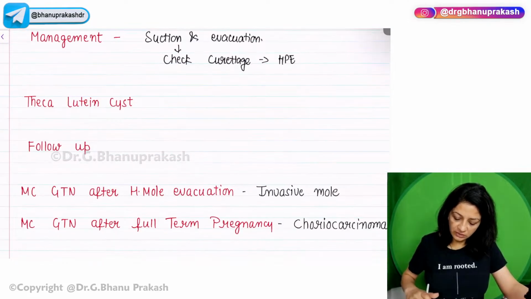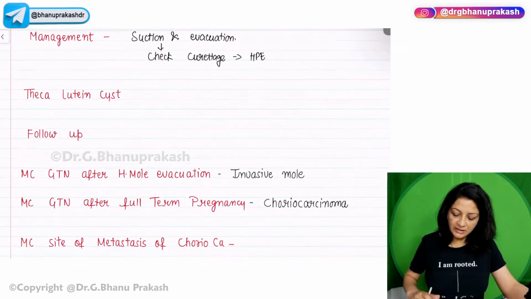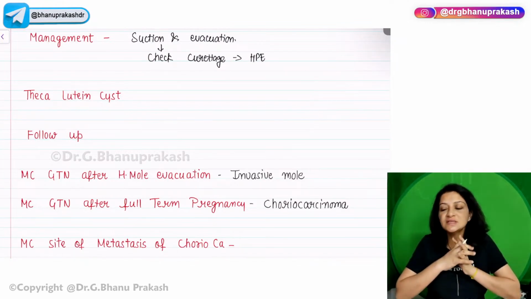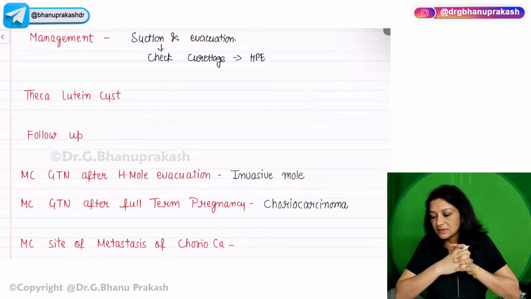Now tell me, in case of molar pregnancy, why will theca lutein cysts occur? What is the cause of theca lutein cyst? Which hormone will be high in molar pregnancy?